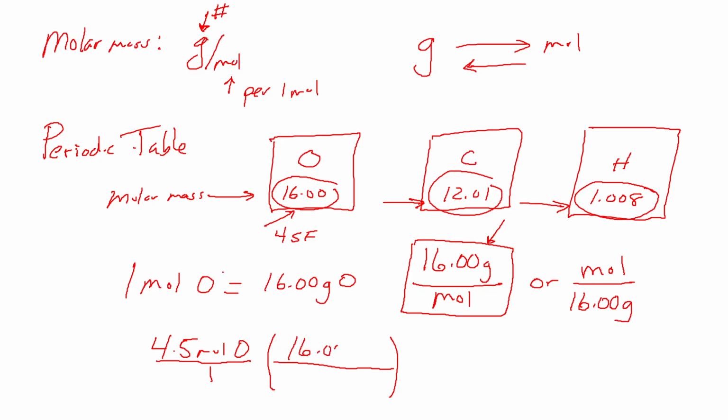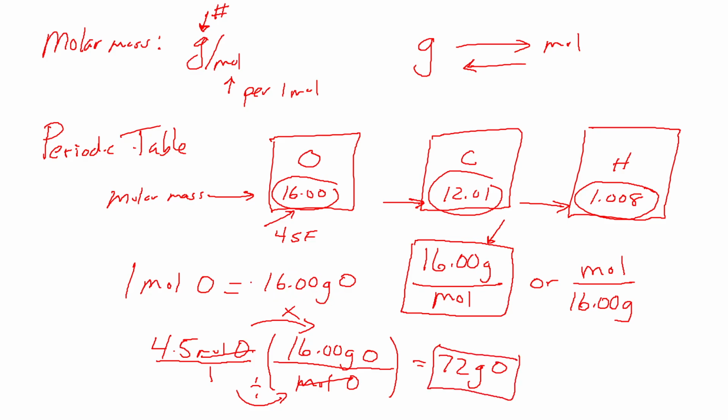So 16 grams of oxygen per mole of oxygen. Moles of oxygen cancel. Once again, dimensional analysis, the beauty of it, multiply the top, divide the bottom. Don't have to worry about math too much. We go 4.5 times 16. That's going to get us 72 grams of oxygen in this case.